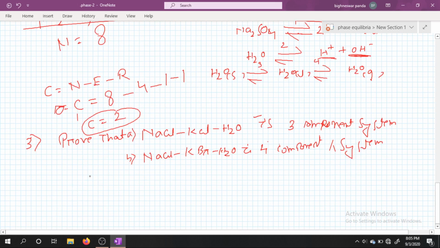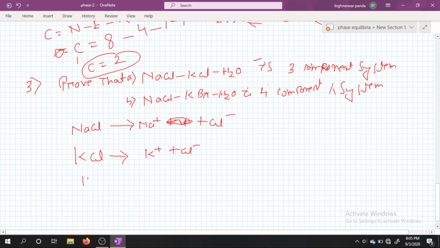So first we consider this as A and this as B. NaCl, KCl, water: if we consider NaCl and KCl completely dissociated, then I can simply write NaCl gives rise to Na plus, Cl minus, and KCl gives rise to K plus, Cl minus, and water does not dissociate. So in this case no NaCl is left, no KCl is left.